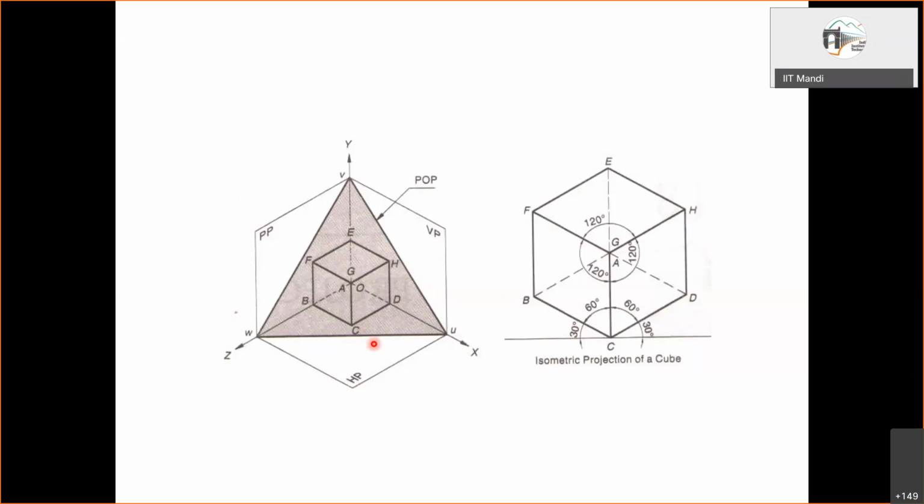In this particular view, another corner is exactly there because the body diagonal is giving the point. So A and G both are coincident.